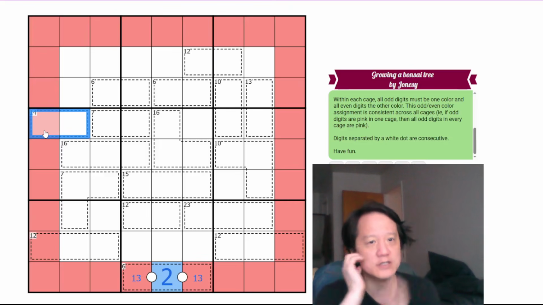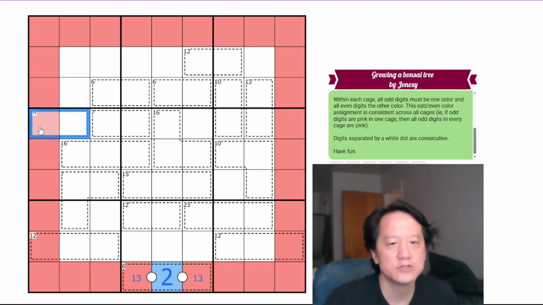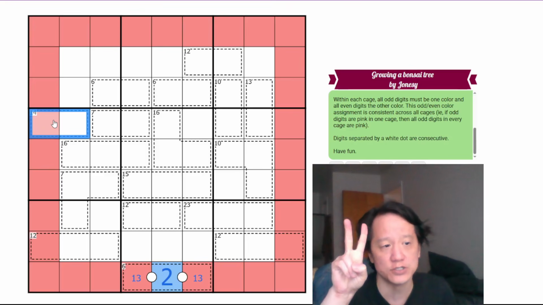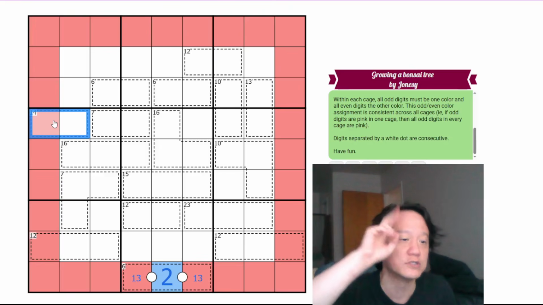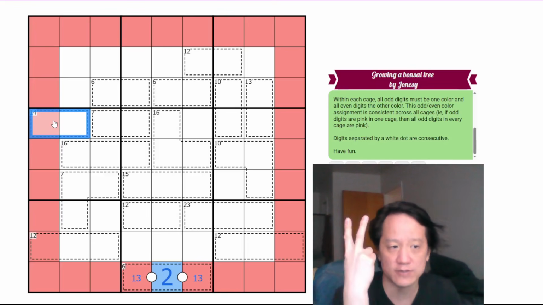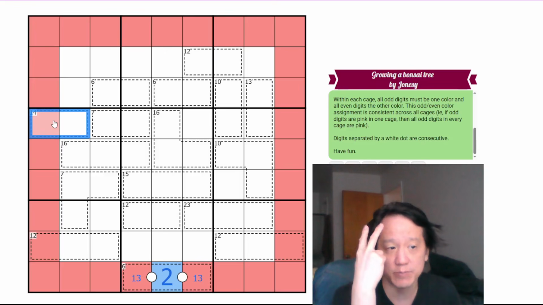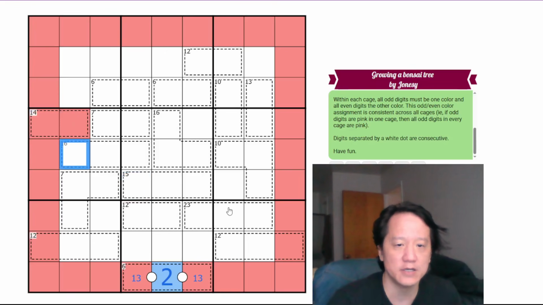So they're basically digits of the same shading no matter what. So since this is 14, that's an even sum with 2 digits. Actually, it doesn't have to be unique digits, just 2 digits in general. If you ever have two digits trying to add up to an even sum, they must either be both odd or both even. So since this is odd, this also has to be odd here.